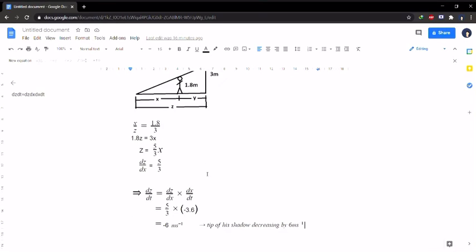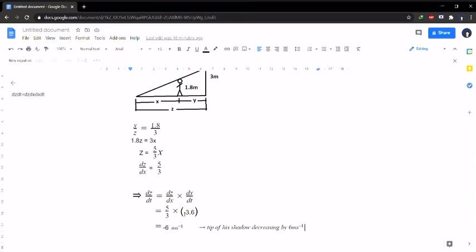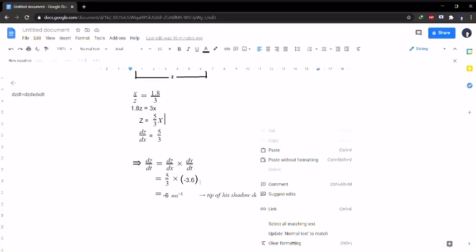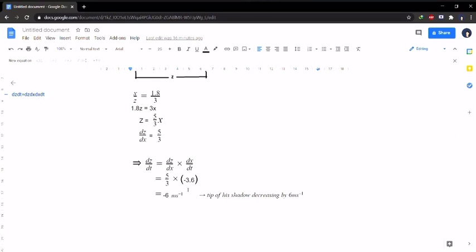Okay, so Fitri answered question A, which is the rate of change of the length of his shadow. So he got negative 3.6.